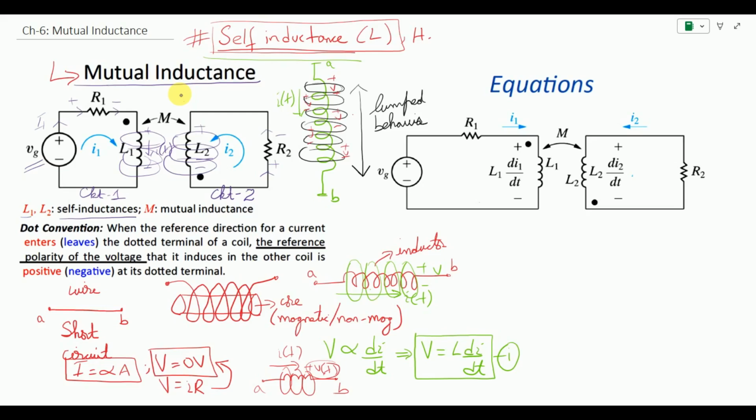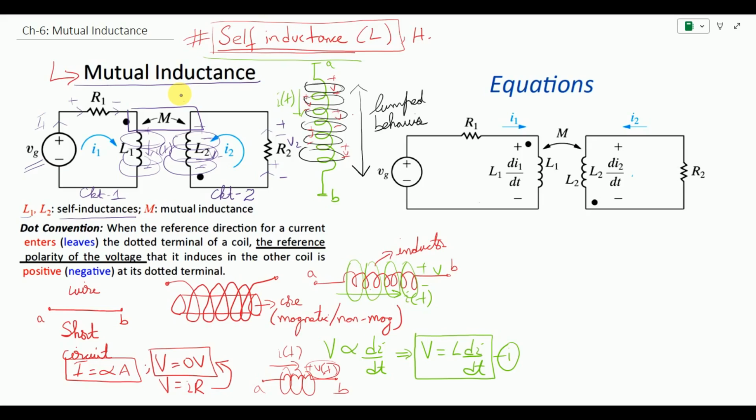Since the magnetic field has been introduced to the second inductor L2, we know that an induced voltage is going to be produced inside L2, and this is what Faraday's law is talking about. Whenever we have a time changing magnetic field, an induced voltage is produced. So we can say that circuit 2 is going to have voltage V2, which is the induced EMF produced because of the magnetic field coupling from L1 to L2, and this coupling is known as mutual inductance, represented by the symbol M, and the arrowheads represent that the magnetic effect is happening between inductor 1 and inductor 2.